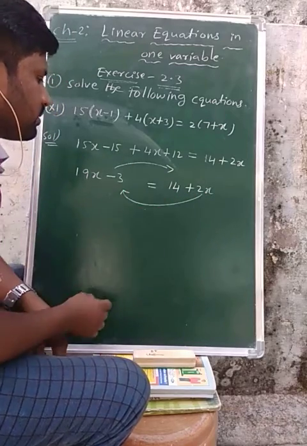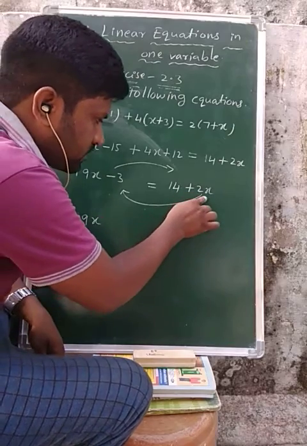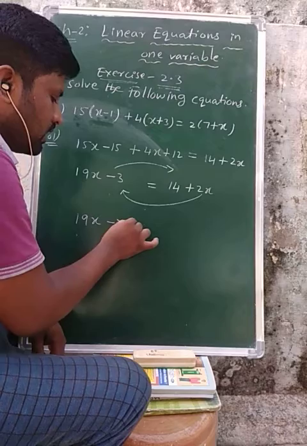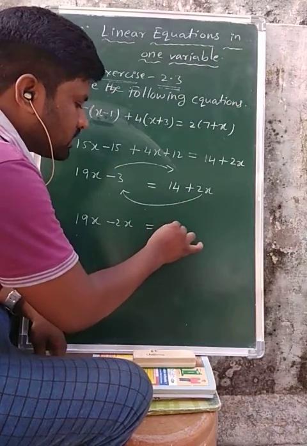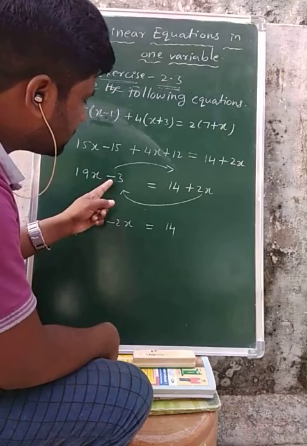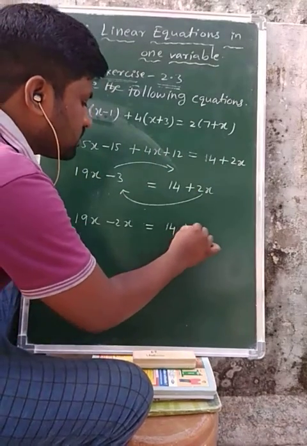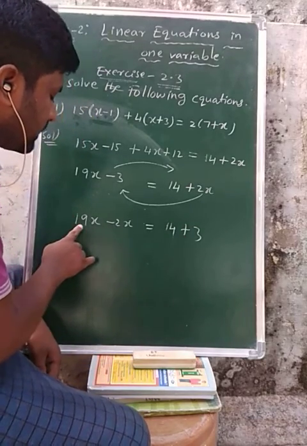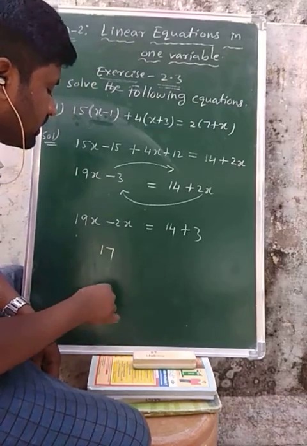Then what happens? Here 19x is there, plus 2x transposing from RHS to LHS becomes minus 2x, is equal to 14 on this side, and minus 3 transposing from LHS to RHS becomes plus 3. Now 19 minus 2 is 17.